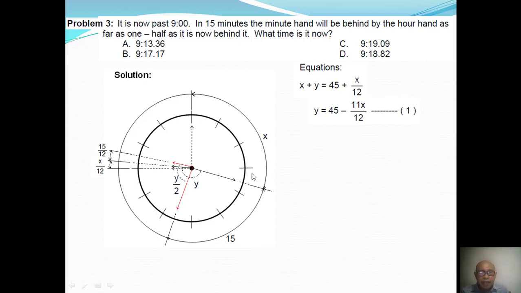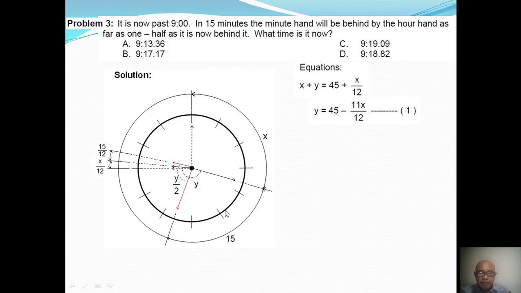Okay. Now, I have also the distance from this point up to the red hour hand. So, take note, this is X plus 15 plus Y over 2. Kita niyo? From the 12 o'clock mark to the red hour hand.